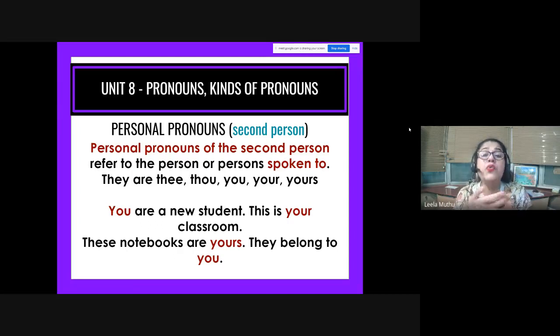Or if I say you all, it refers to a plural number of people whom I'm talking to. So, you are a new student. This is your classroom. We use you, your, yours when we're talking about personal pronouns of the second person. These notebooks are yours. They belong to you. All right.